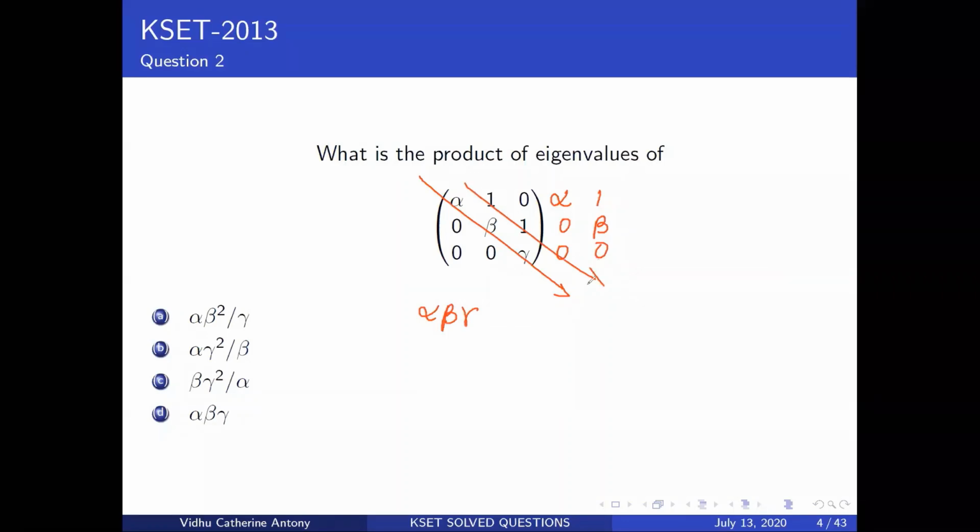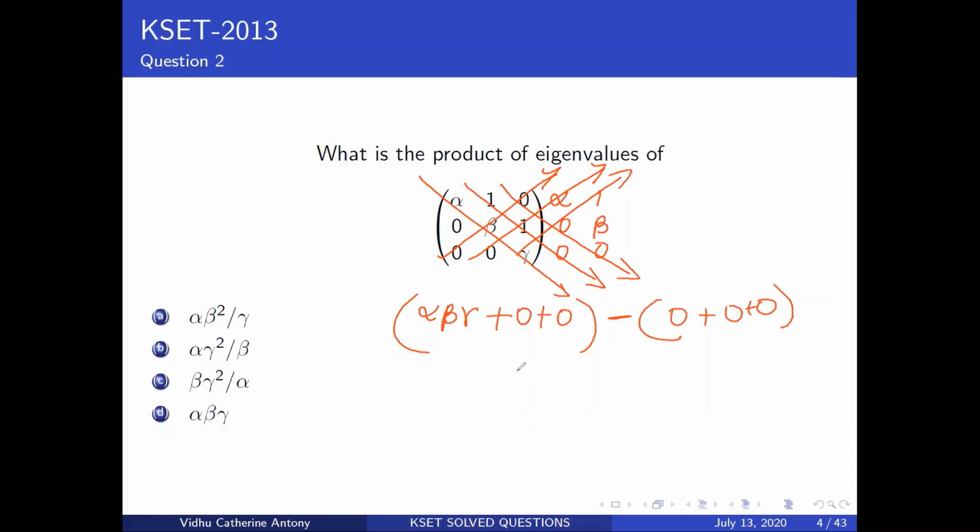You take this and multiply, you get plus 0. Take this and multiply, you get 0. Subtract from this the other diagonals: when you multiply all of this, you get 0. 0, 1, alpha, you get 0. Again, you get 0. So this is a very nice way to solve the determinant. It's called Sarrus's method.